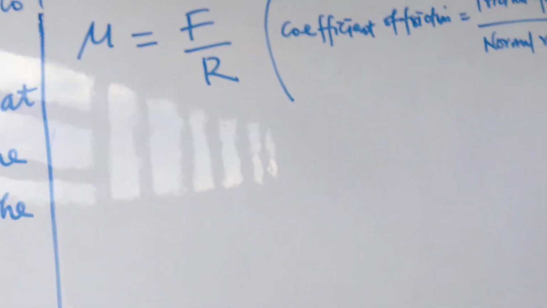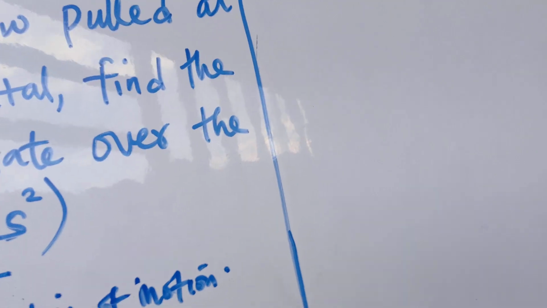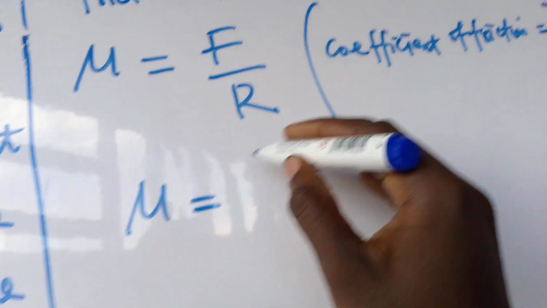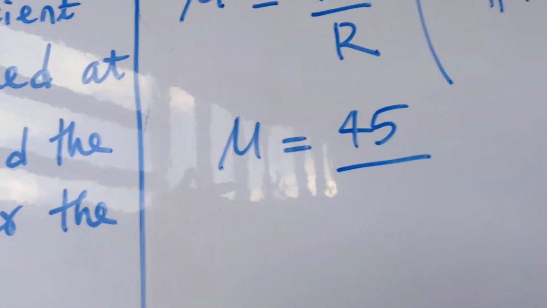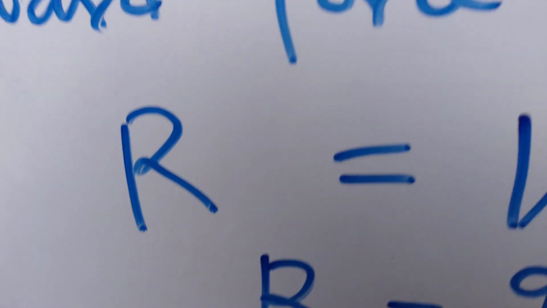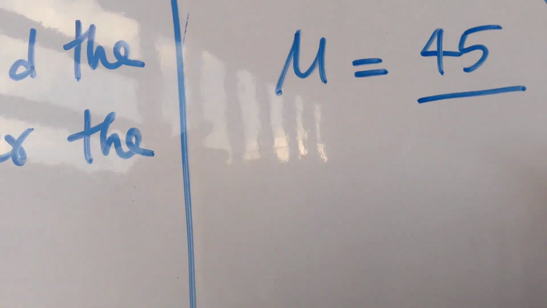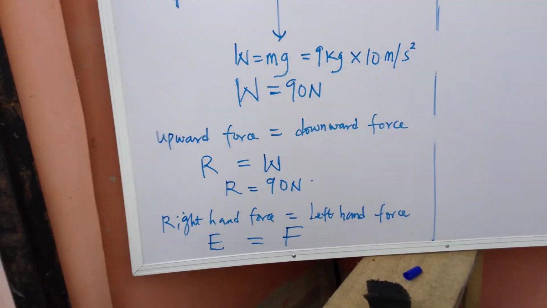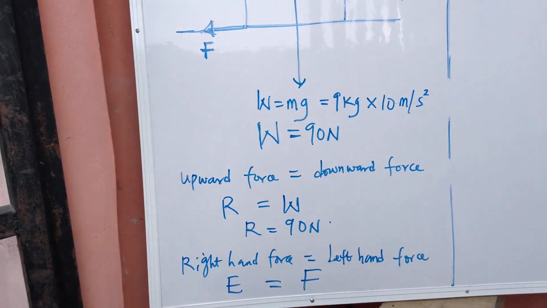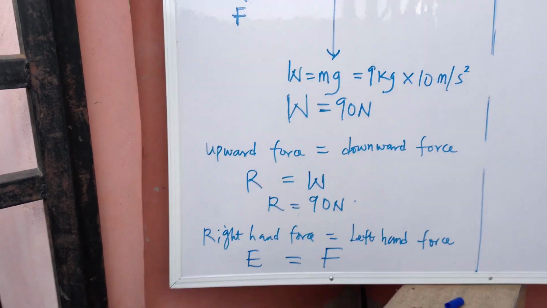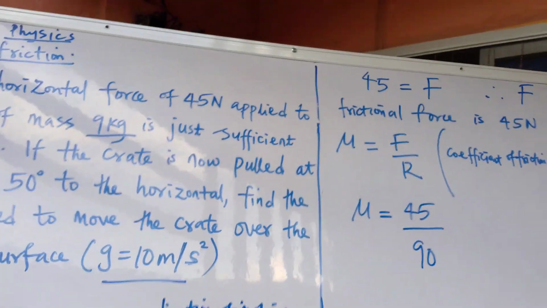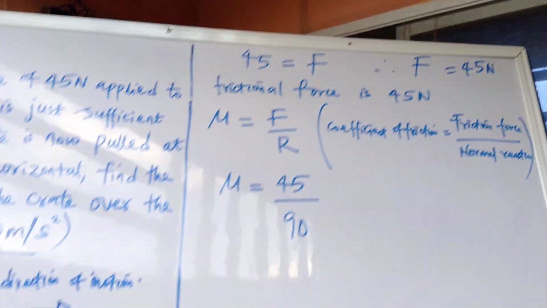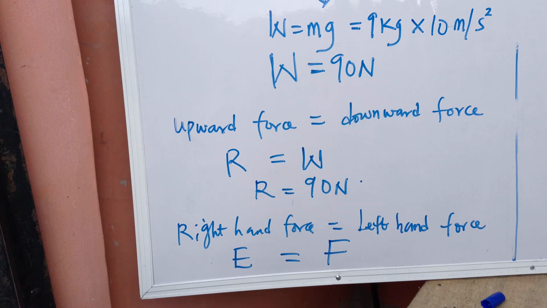So mu will be equal to the friction force, 45 Newton, divided by the normal reaction. Do not forget that we had the normal reaction R as 90 Newton and the friction force F as 45 Newton.